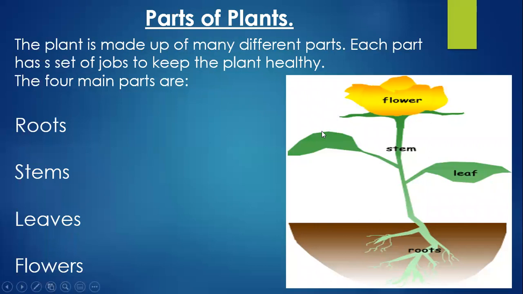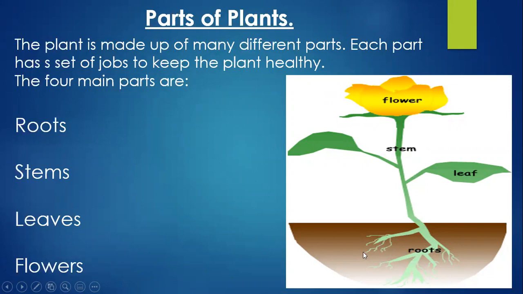First of all, we see the parts of plants. The plant is made up of many different parts. Each part has a set of jobs to keep the plant healthy. The 4 main parts are roots. What do roots do? Roots hold the plant in the ground.